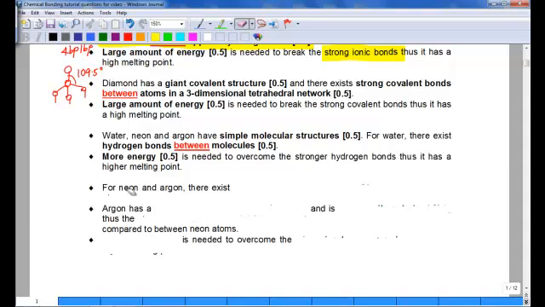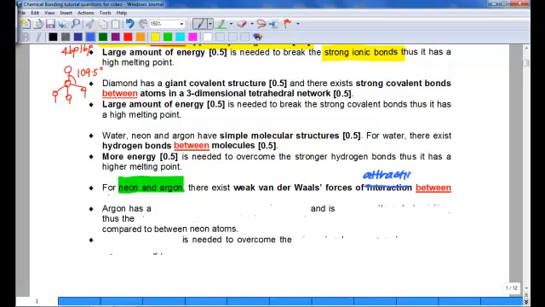Moving on from here, you need to zoom in into neon and argon. There exist weak van der Waals forces of attraction between our atoms. Please take note, this is atoms. If you put molecule here, it will be wrong because argon and neon are monoatomic elements.